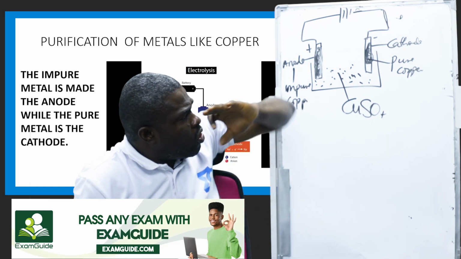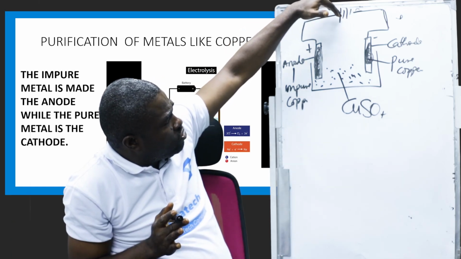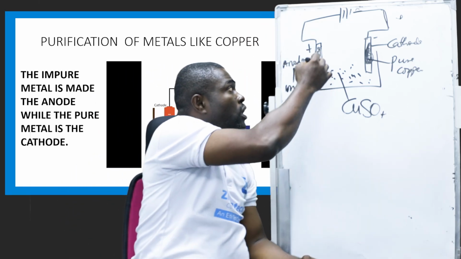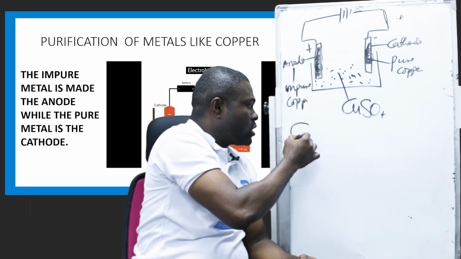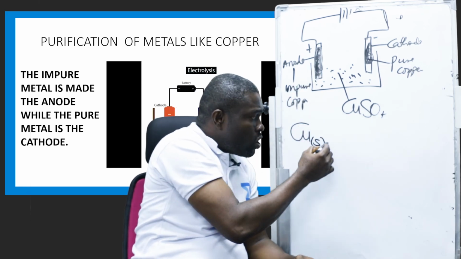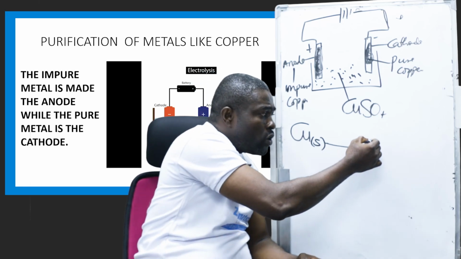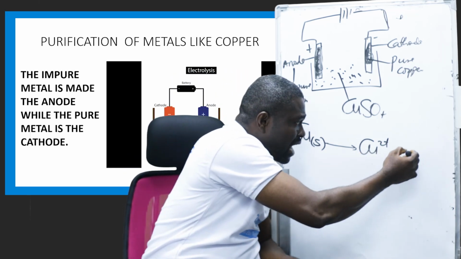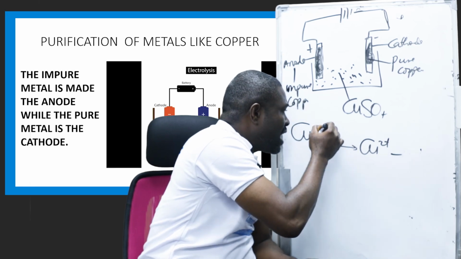The moment current starts passing through, or a certain quantity of electricity is passing across, what will happen? This copper, which is impure here, is a solid. Watch it. Copper, which is solid, will dissolve, will enter into solution to produce copper 2 ions. This is happening at the anode.